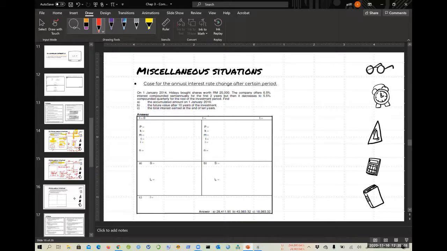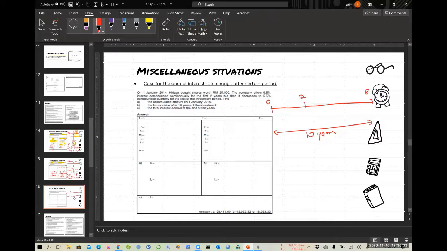So the first 2 years the interest is 6.5% compounded semi-annually, and then for the next period, the future value after 10 years of the investment, maknanya dia tinggal lagi 8 tahun lah. So the situation is like this, right? This is 2, 0, 2, and then this is 8. So in total you will get a duration of 10 years.